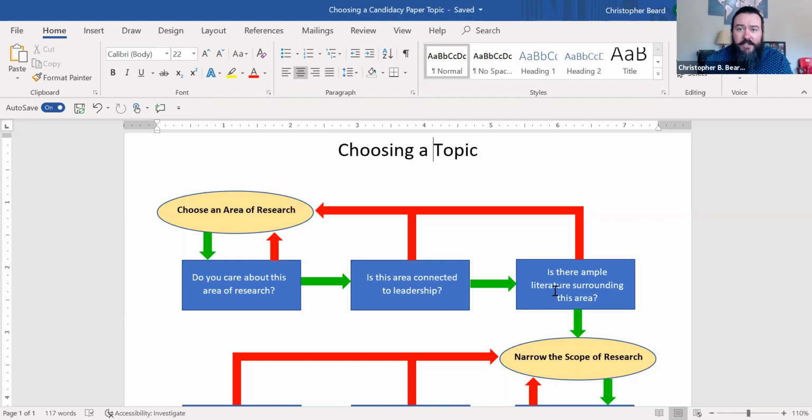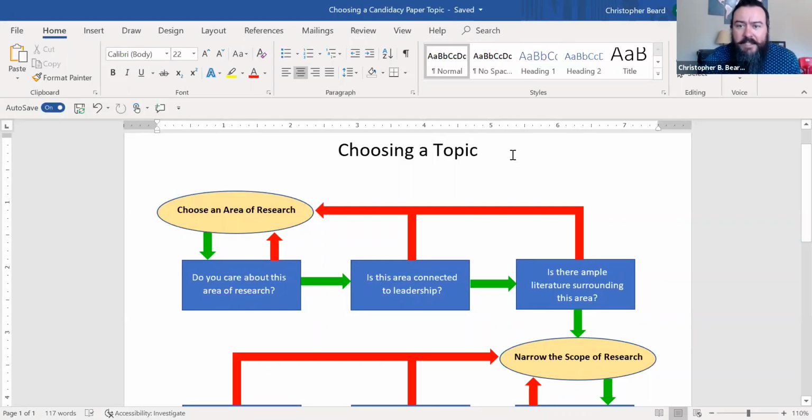We've also had students who choose a topic they think they care about, and then they do a candidacy paper on that topic, and they're not nearly as passionate about it as they thought initially. And both of those things are a win, whether you decide, yes, I really want to study this based on what I did in the candidacy paper, or no, I do not want to do this based on the work on the candidacy paper.